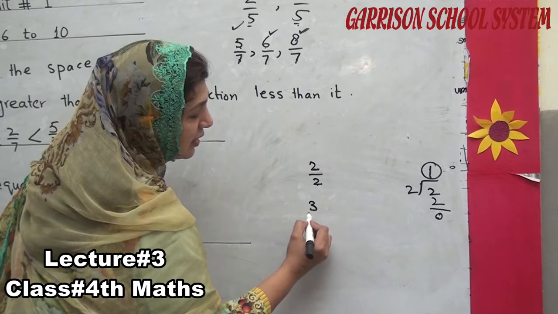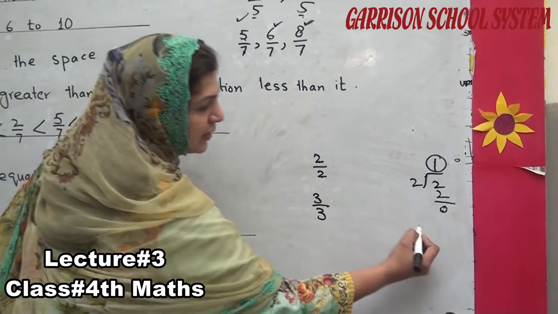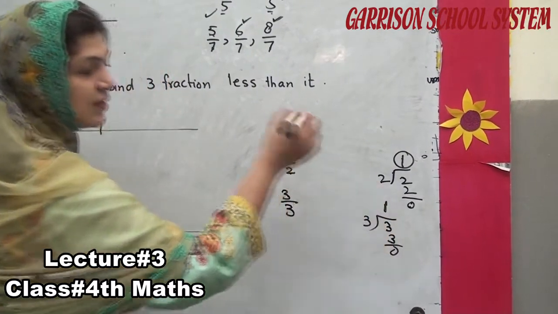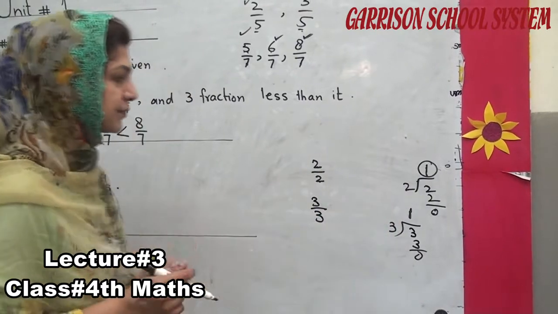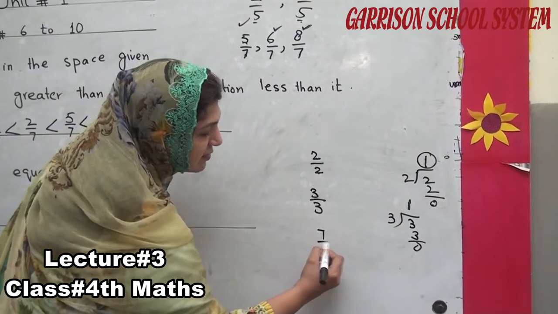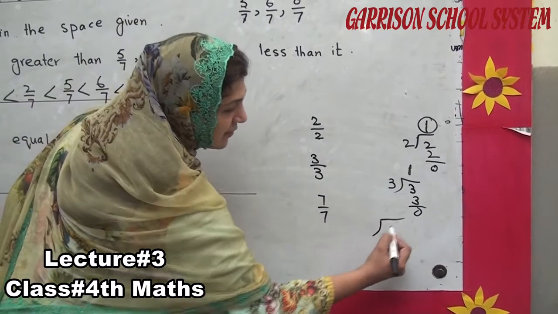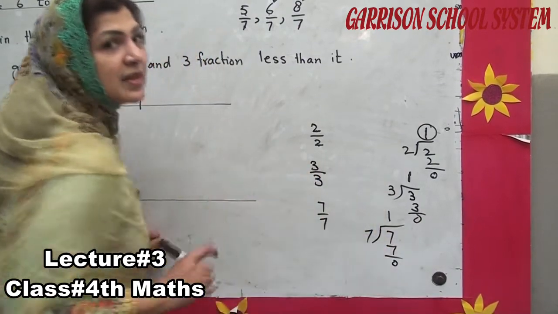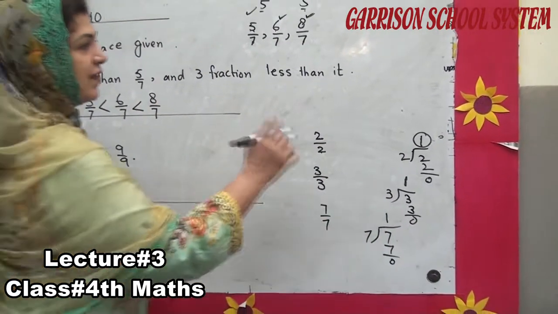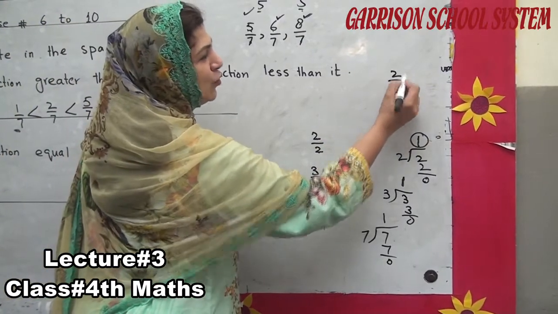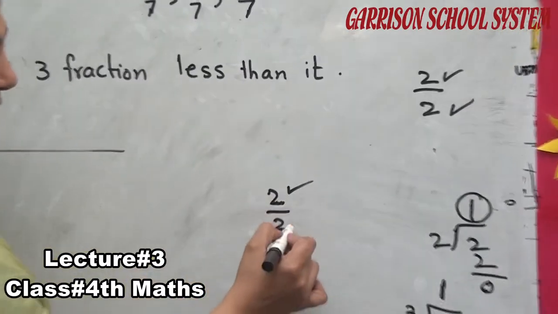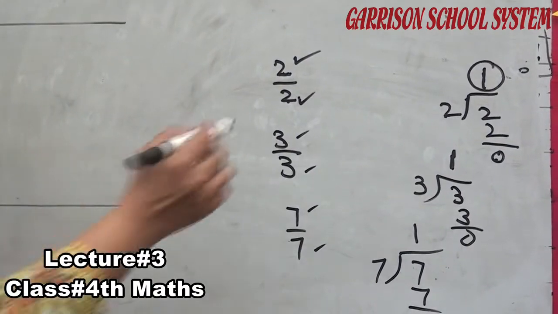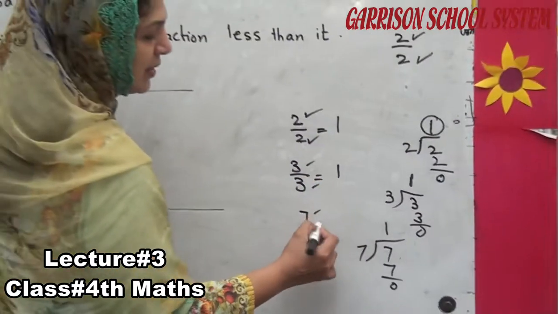When we divide 3 by 3, 3 ones are 3 and the answer again will be 1. When 7 is divided by 7, the answer again will come 1. So in this way, when the numerator and denominator are the same, the answer will be 1. That is, all these numbers are equal to 1.